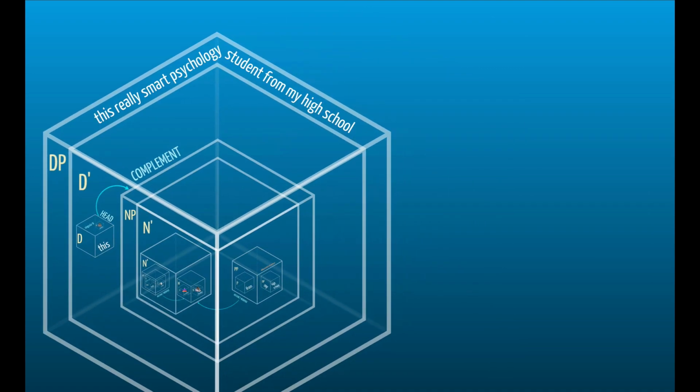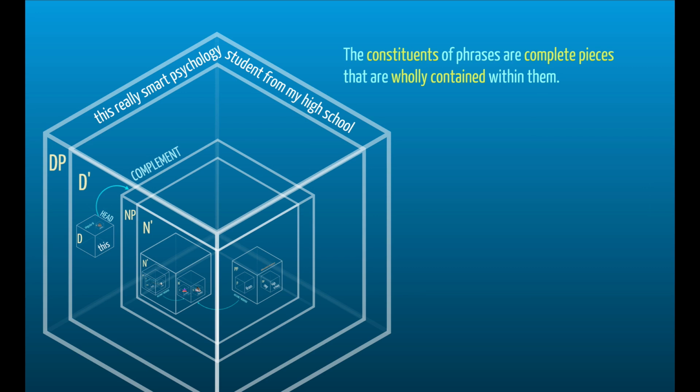The whole structure is consistent with our understanding of containment and constituency, both in the physical world and in language. Each of the units identified as a phrase is a complete piece that is part or member of a larger containing phrase. And we know what the containers and their contents are because of how they function in the grammar.